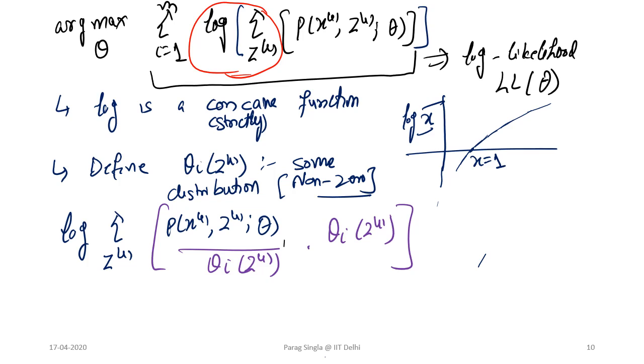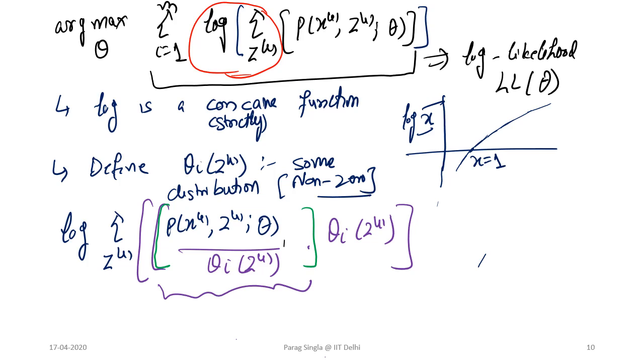Now, if you look at it carefully, if I draw this line here and maybe here, then you see the form of an expectation emerging out of it. So think of this log as your f function, and then what you're doing is essentially taking the expectation of this quantity, which you can think of as your x.